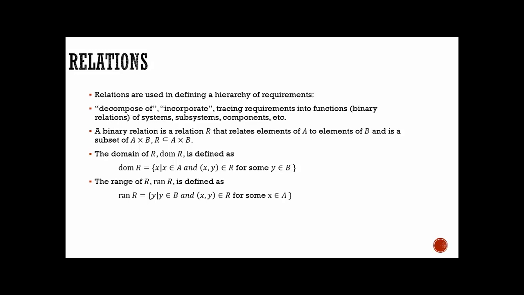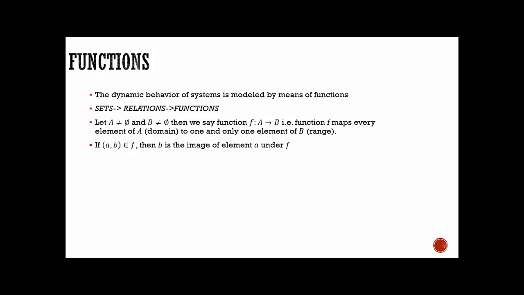Okay, so in terms of another type of set, which is where we are heading in terms of our definition of a model, the dynamic behavior of systems is modeled by means of functions. So for us to get to this part, we needed to understand some of the ideas behind sets and behind relations and behind the Cartesian products.